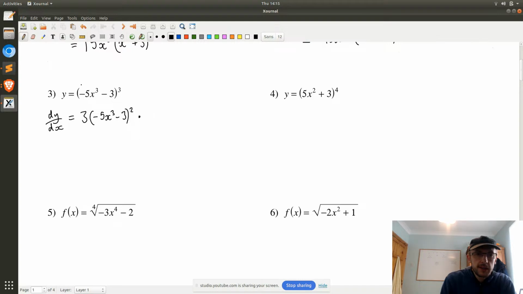Differentiate the inside function, so minus 15x squared, and clean it up. So minus 45x squared times that thing. Just bringing that and that together, and putting that one at the end.